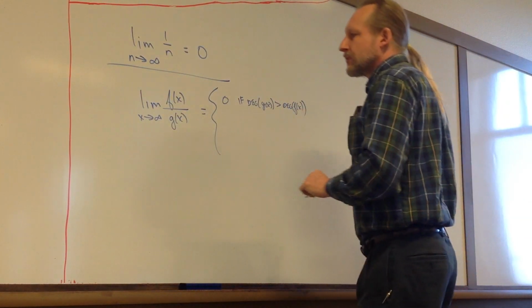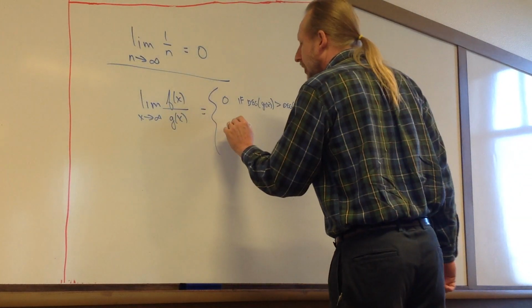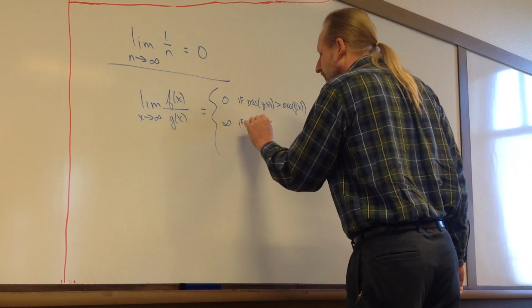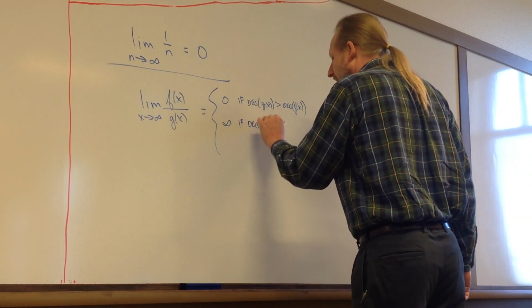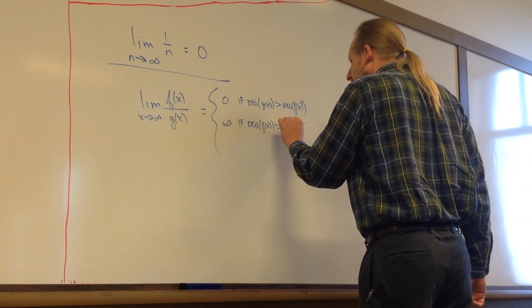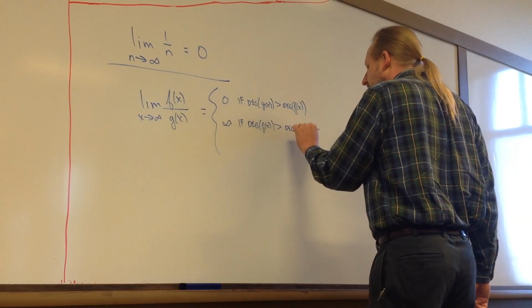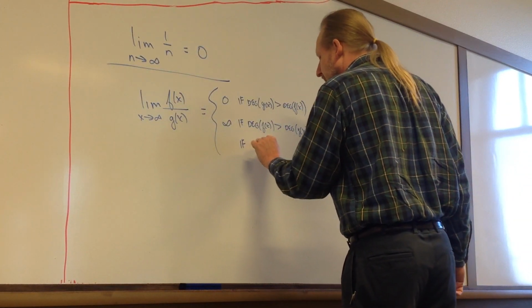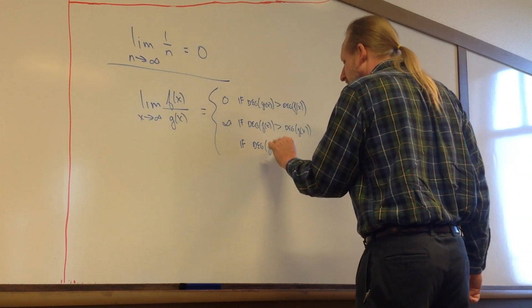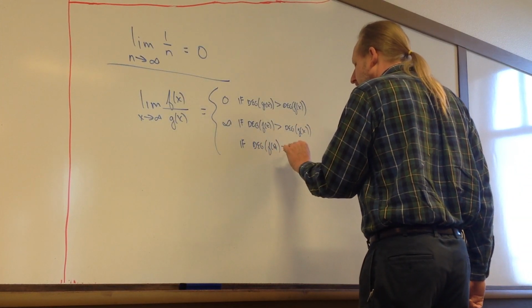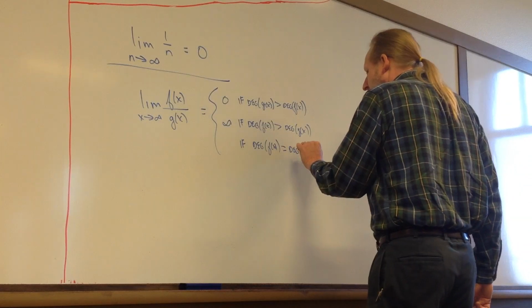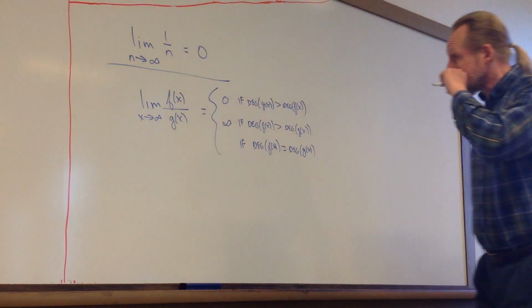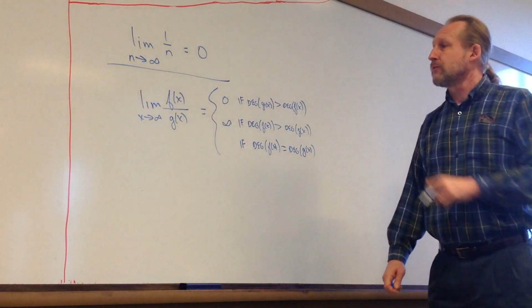It will go to infinity and be divergent if the degree of f of x is greater than the degree of g of x. And if the degree of these two polynomials are equal to each other, then the limit is the ratio of the coefficients. So let's give 3 concrete examples for these.